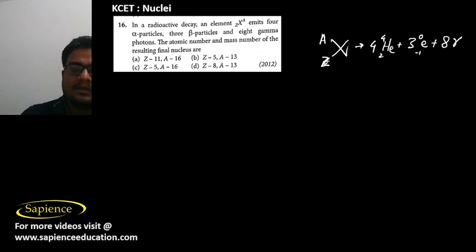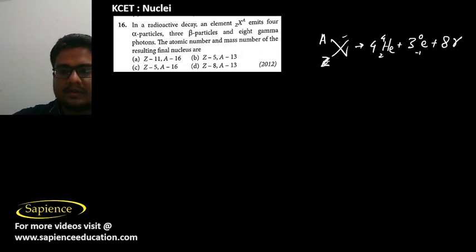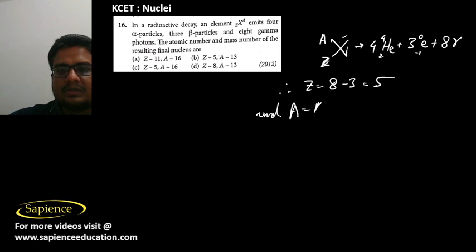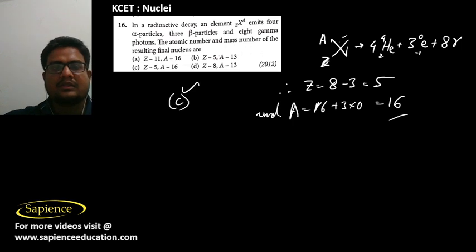So Z will be equal to 4 into 2 is 8, then minus 3, that is equal to 5, and mass number will be equal to 4 into 4, that is 16, plus 3 into 0, so that will be 16. A is equal to 16. So option C is the correct answer.